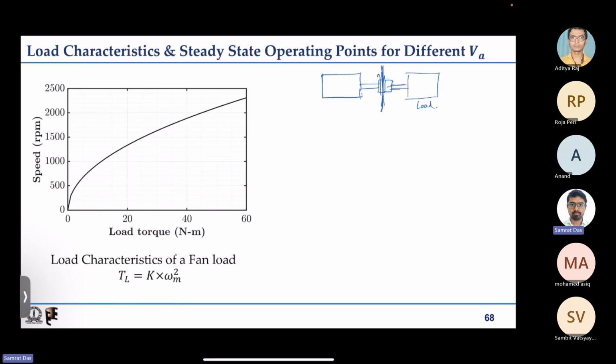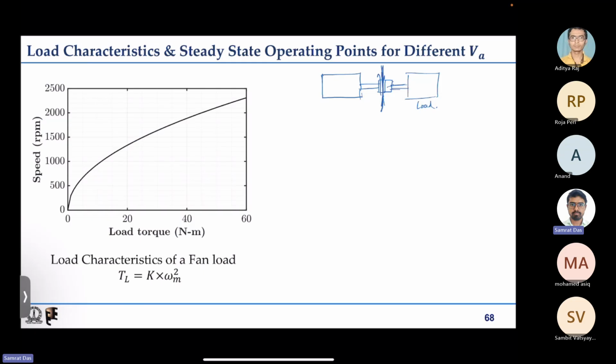So given a load, if we run the load at a given speed, then the torque demanded by the load will also be fixed. So there is something called the load torque speed characteristic.